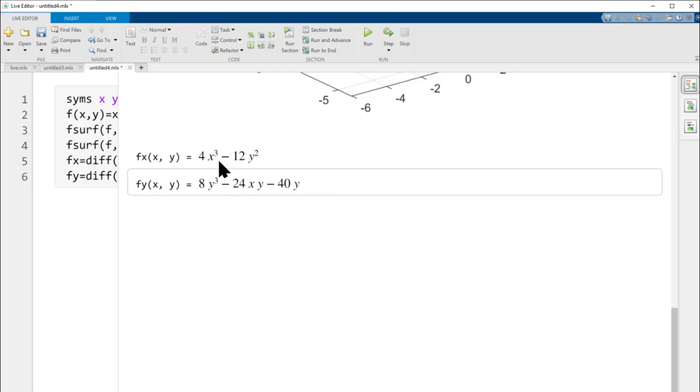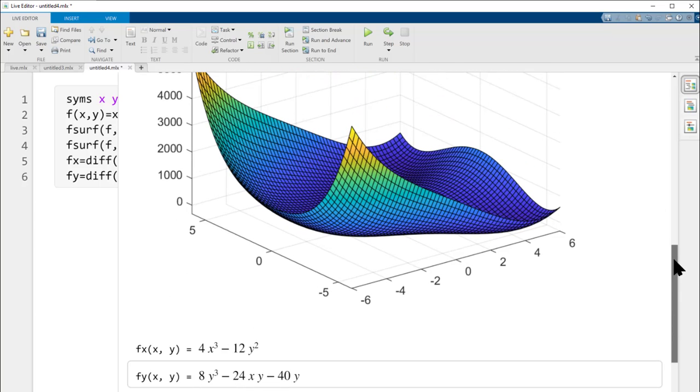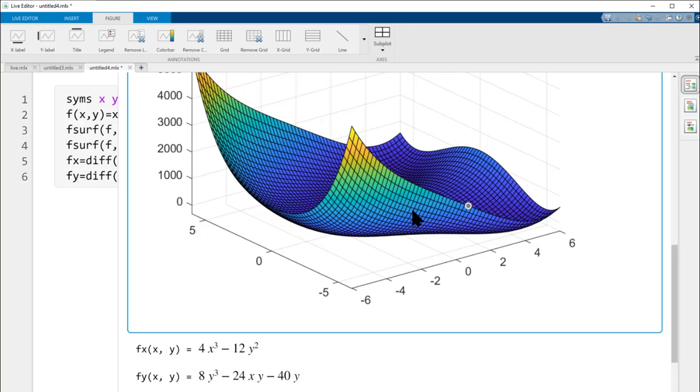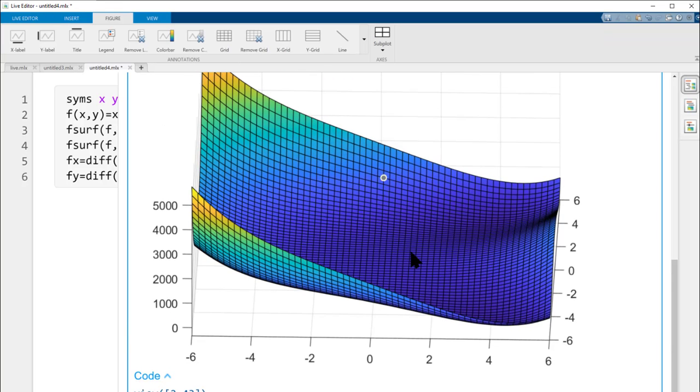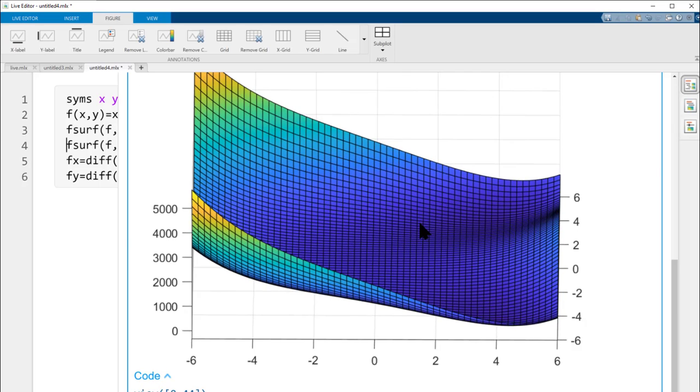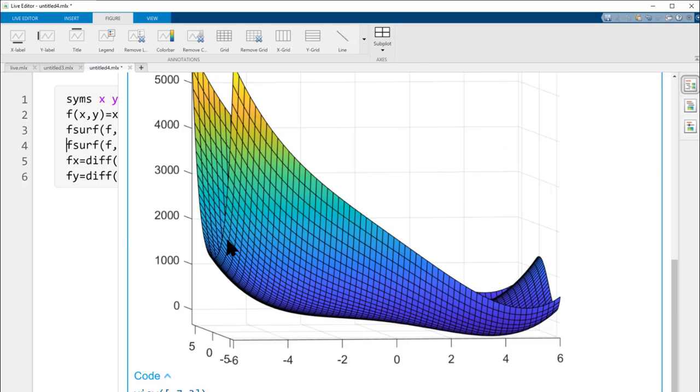So if we look at the two partial derivatives and set them equal to 0, there is one obvious solution, and that is 0, 0, and that appears to be a saddle point.